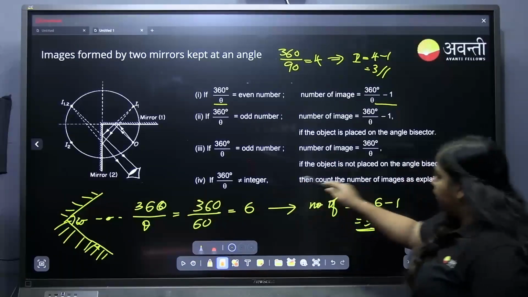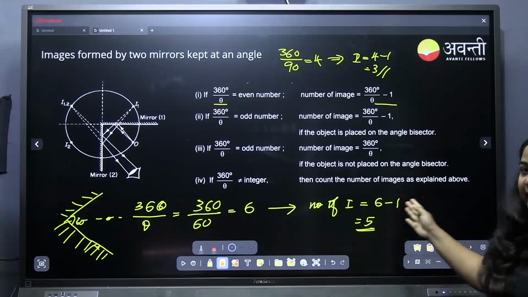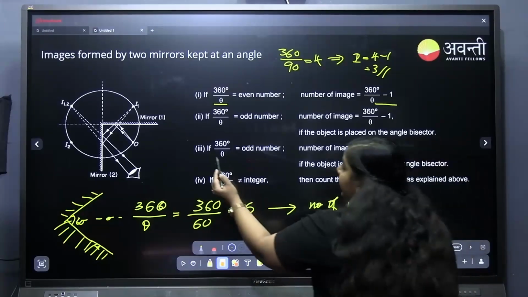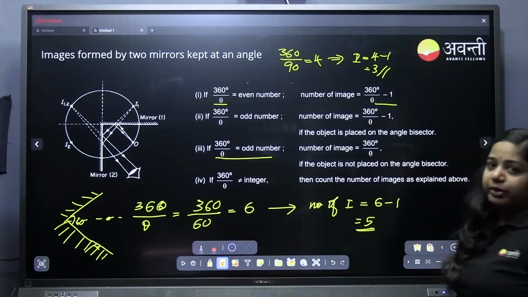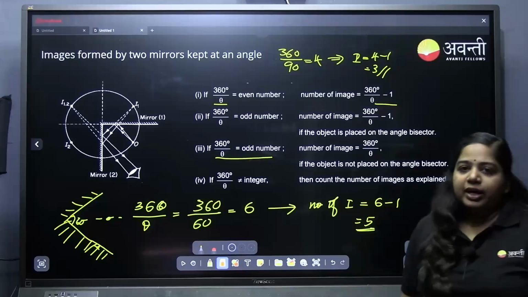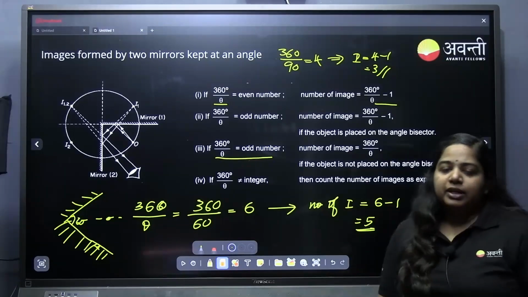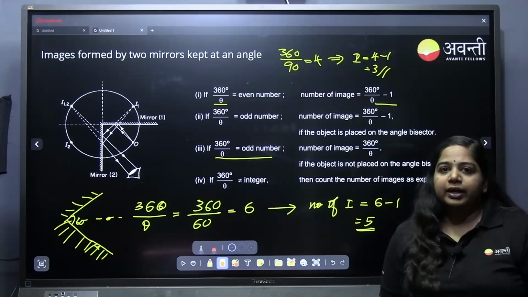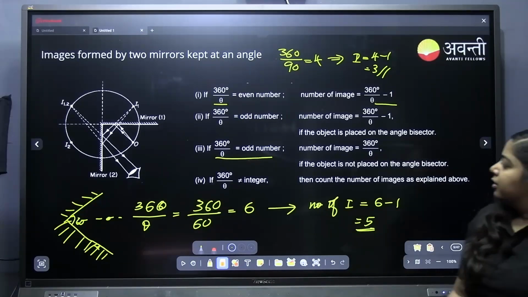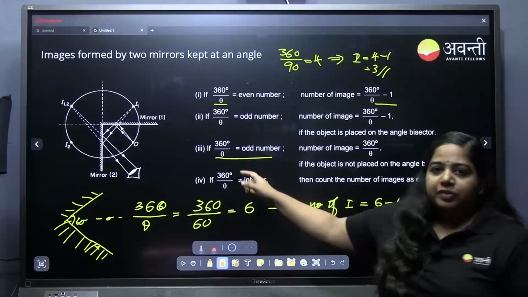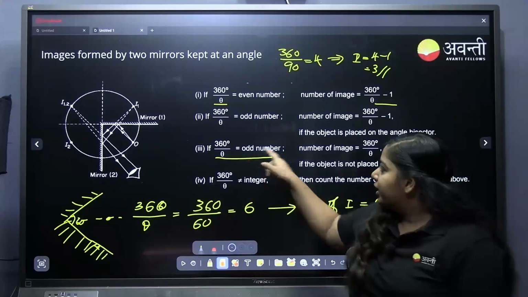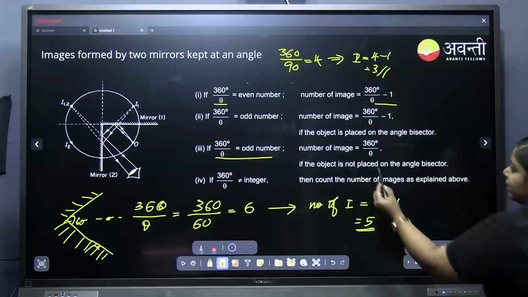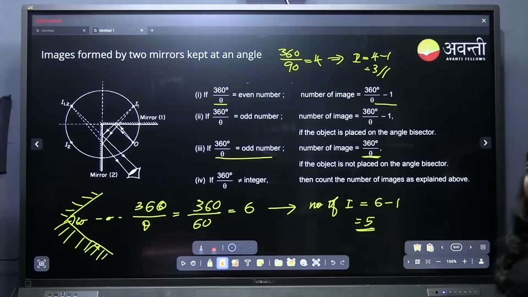The object is placed on the bisector in that line. Next case, if the object is not placed on the angle bisector and 360 by theta is an odd number, take some value of theta where when you divide you get an odd number. In that case, the number of images will be that value itself.